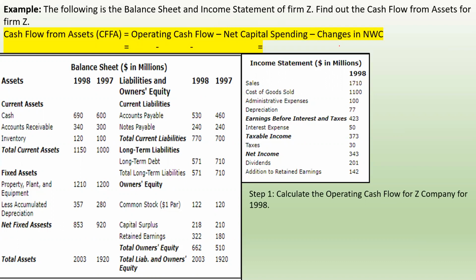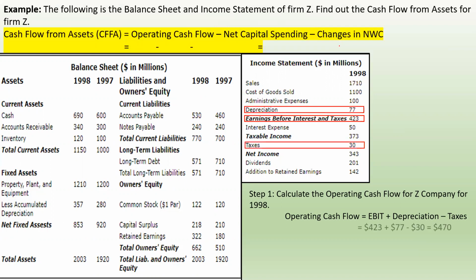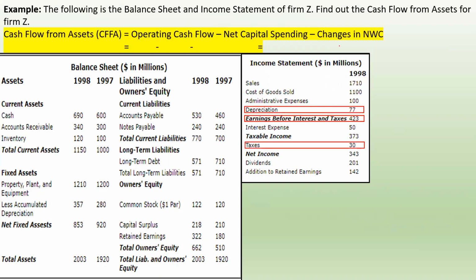Step one, find the operating cash flow, which is earnings before interest and taxes plus depreciation minus taxes. All the information is from the income statement. We found that the operating cash flow is $470 million.